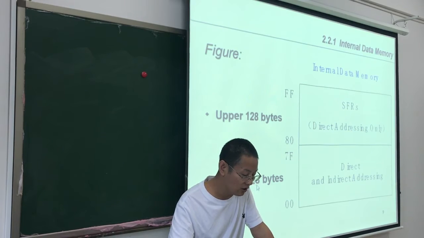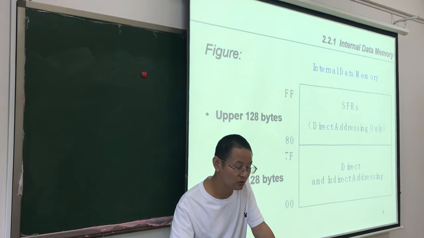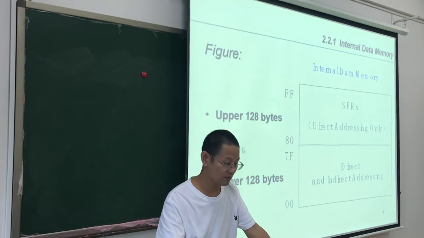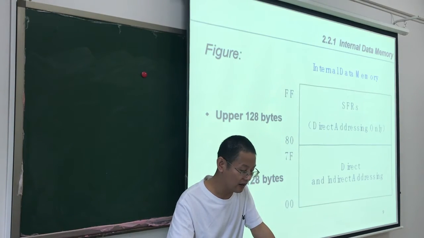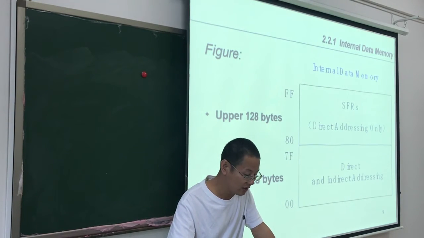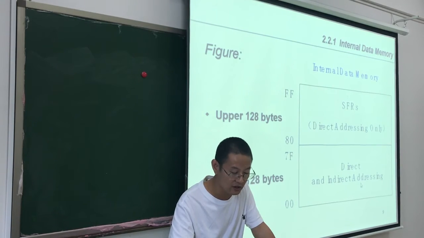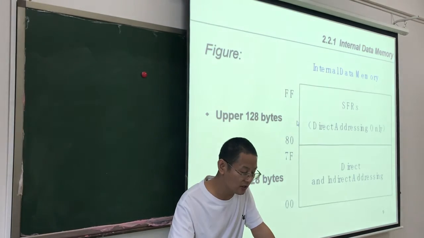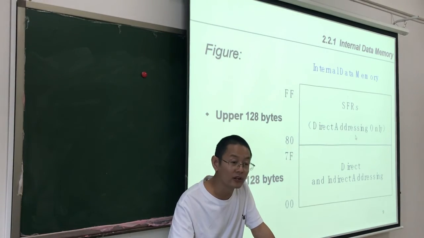It is divided into two parts, the lower and the upper. The lower 128 bytes is for direct and indirect addressing. The upper 128 bytes is for direct addressing only.